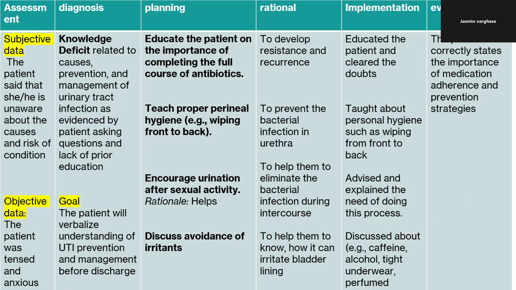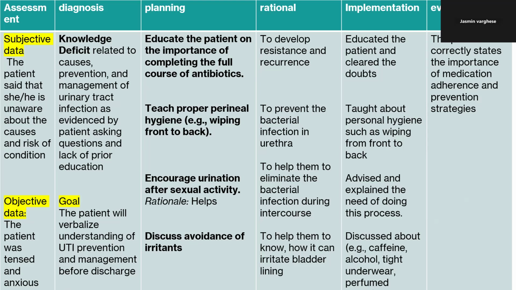Then encourage urination after sexual activity. And what is the rationale? It helps them to eliminate bacteria introduced during intercourse. In the implementation, you can write advised or encouraged urination, and explained the need of doing this process.